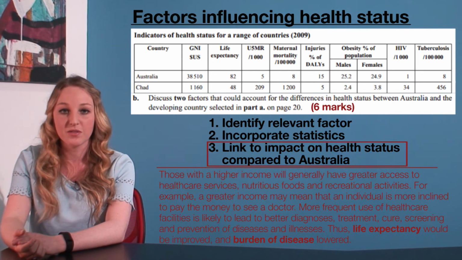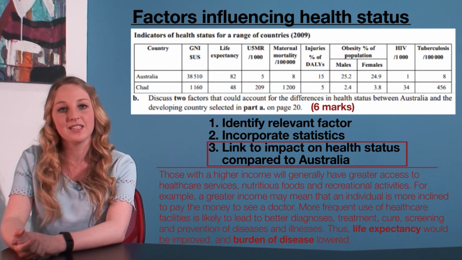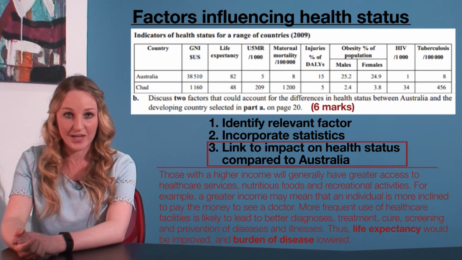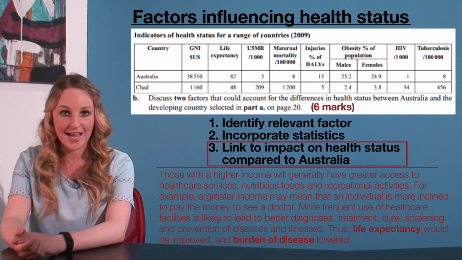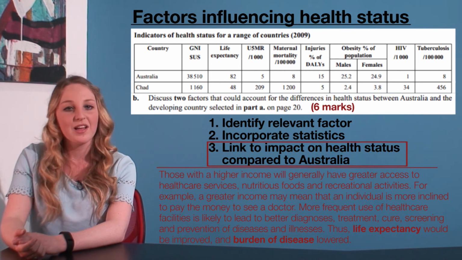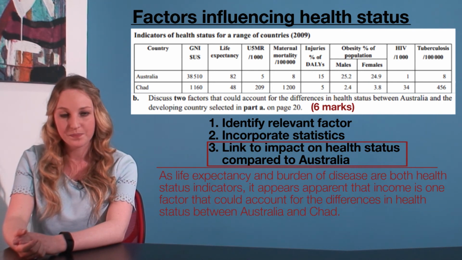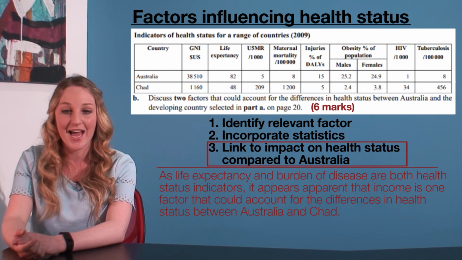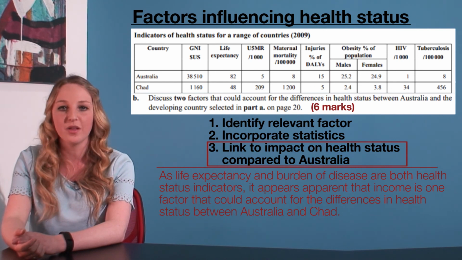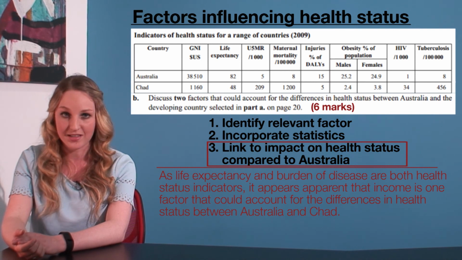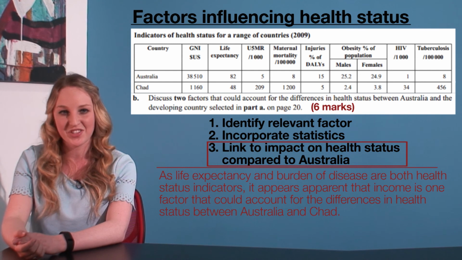More frequent use of healthcare facilities is likely to lead to better diagnosis, treatment, cure, screening, and prevention of diseases and illnesses. Thus, life expectancy would be improved and burden of disease lowered. As life expectancy and burden of disease are both health status indicators, it appears apparent that income is one factor that could account for the differences in health status between Australia and Chad.